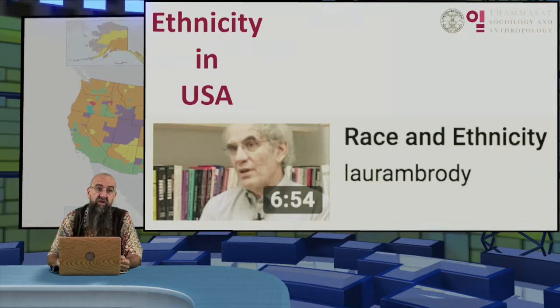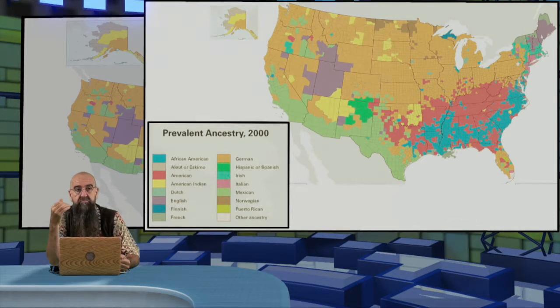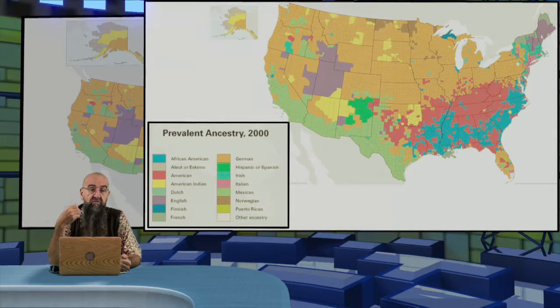So we're going to go through a number of maps which analyze the prevalent ancestry of different parts of America. And for those of you who know a bit about American history already, this will not be all new to you.